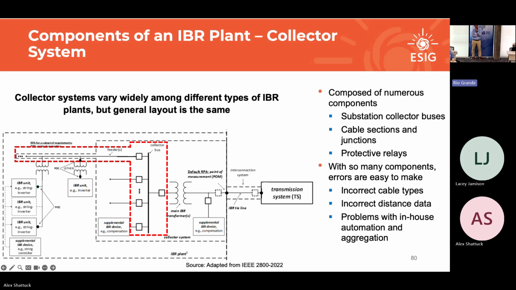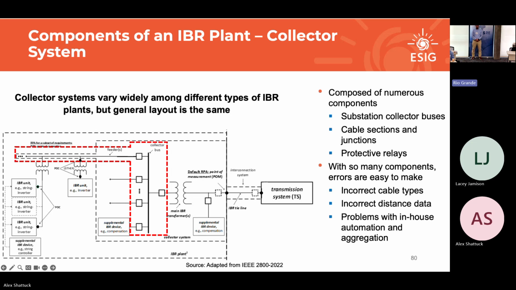So, moving to the collector system, they vary widely among different types of IBR plants, but the general layout's the same. The big difference is the collector feeders and cables. A collector system for solar PV and a collector system for a BESS look pretty much the same, even with the lengths.